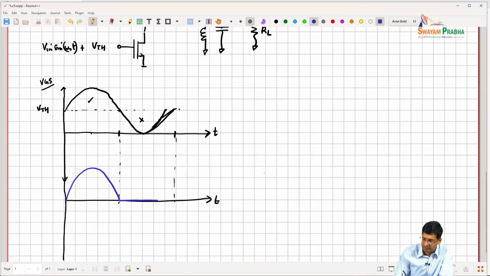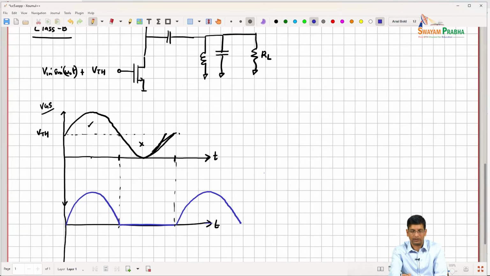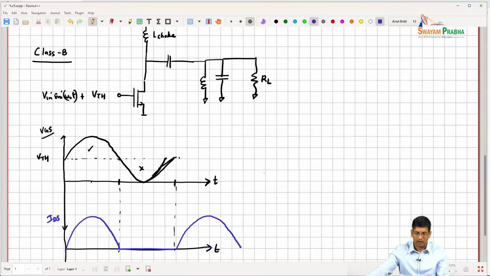It will be 0 here, and then again in the next cycle I am going to get something that goes like this. The input voltage and current will be in phase. When this voltage goes up, this current goes up. But now clearly this is not a sinusoid.